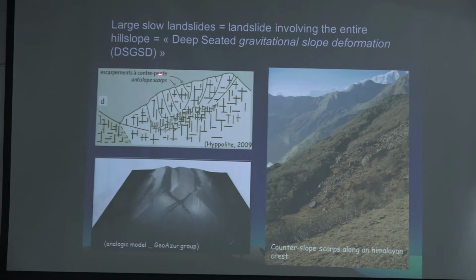So we'll speak about anti-slope scarp. For example, here you see an example. You have in Himalaya a crest somewhere here, and the main fracture is developing an anti-slope scarp on the opposite side of the valley.